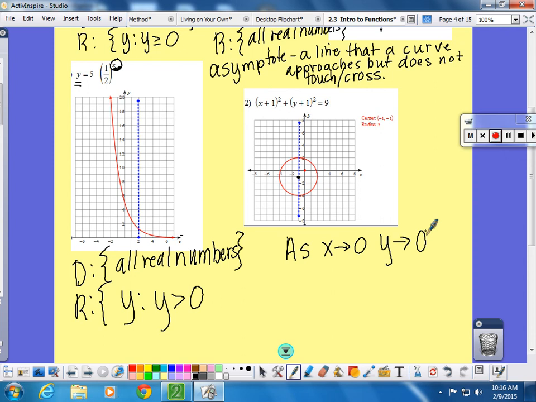All right, so let's look at this circle. What's the domain? Read a graph like you read a book, from left to right, when you're looking at the domain. Where does it start? Where does it stop?